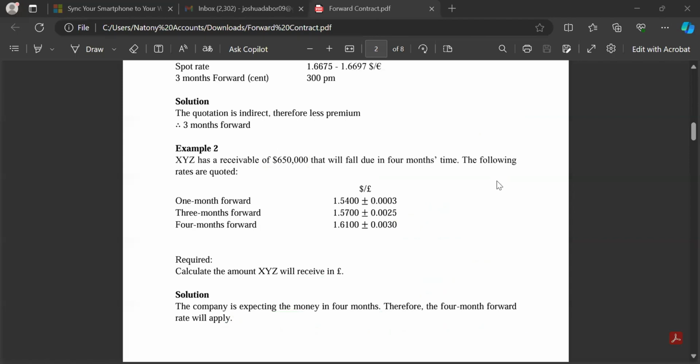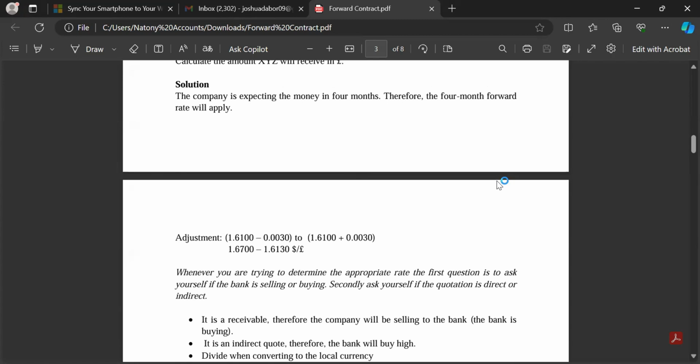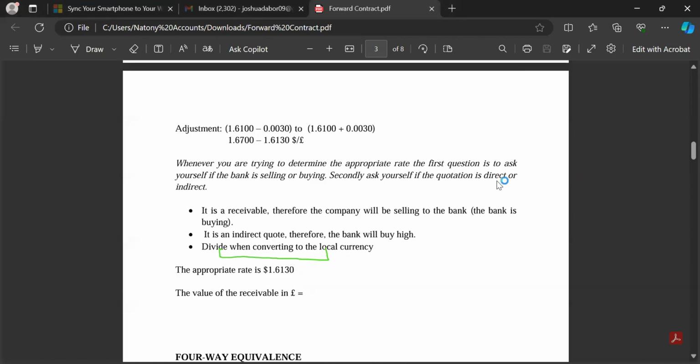This is the adjustment I showed, and since it is an indirect quote, our conclusion was that you divide to arrive at the local currency.